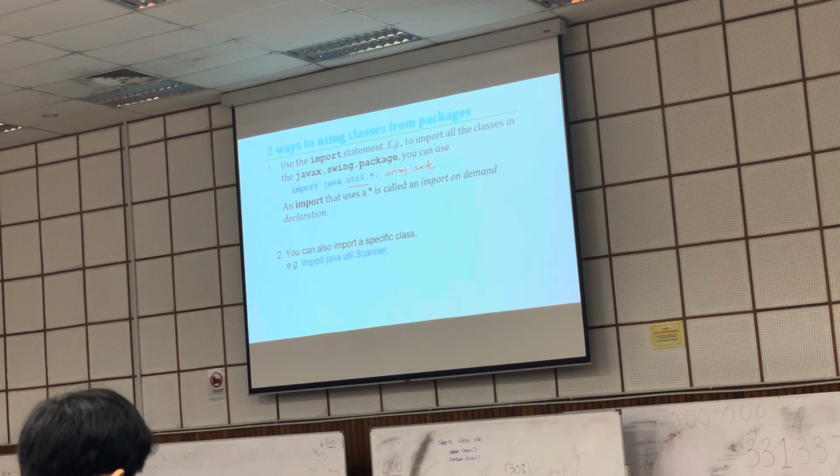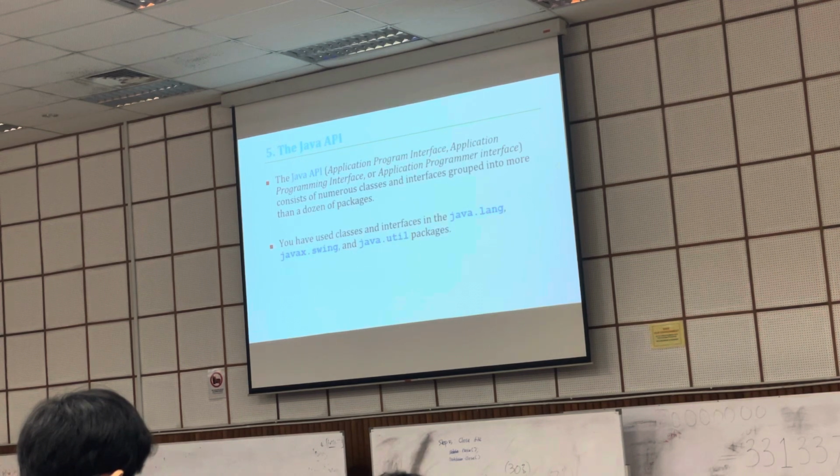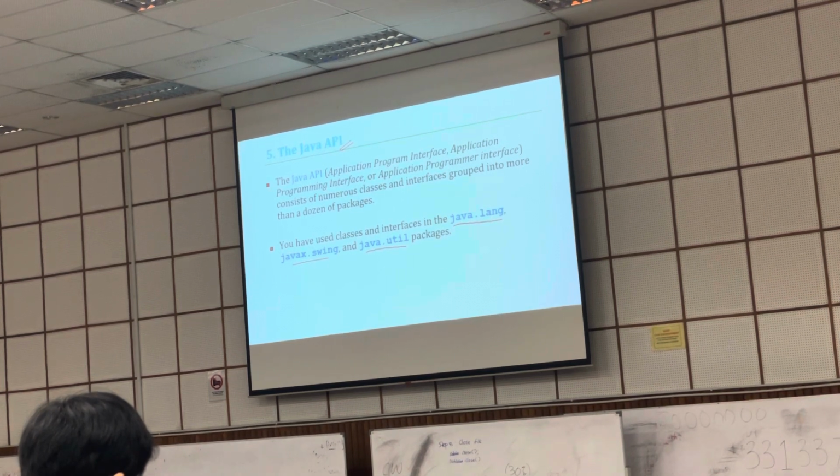So you don't need to independently import one by one, util.date, util.array like that. You can put an asterisk like this. Even Scanner also comes from there. Java, we know, already has so many APIs. That means they already have so many classes, all already arranged in packages. You call the appropriate package and you can do it.